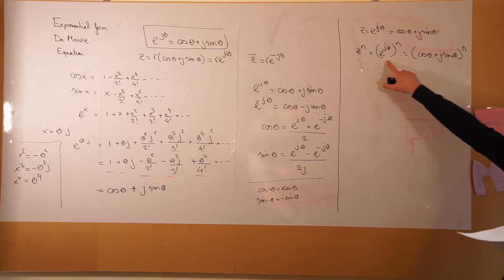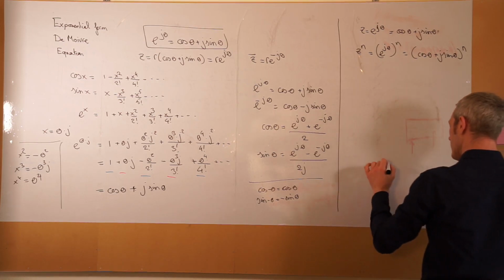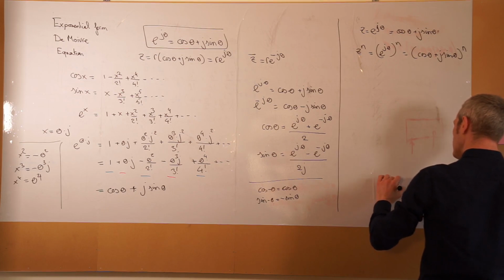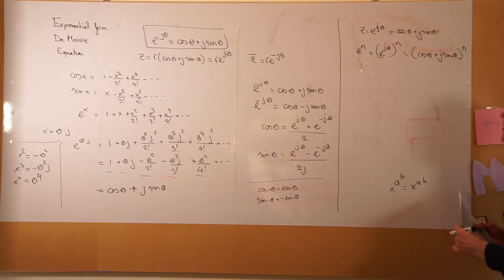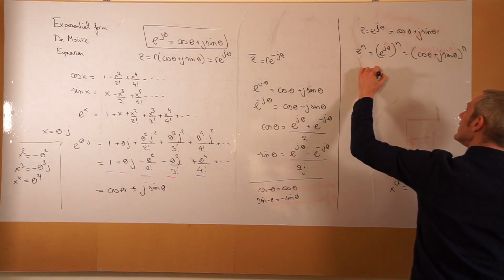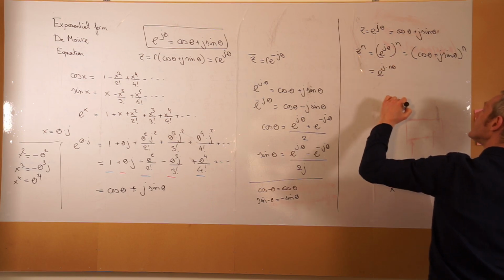This part we can write differently using the identity that x to the power of a to the power of b is x to the power of a times b. So we can write this as e to the power j times n theta.